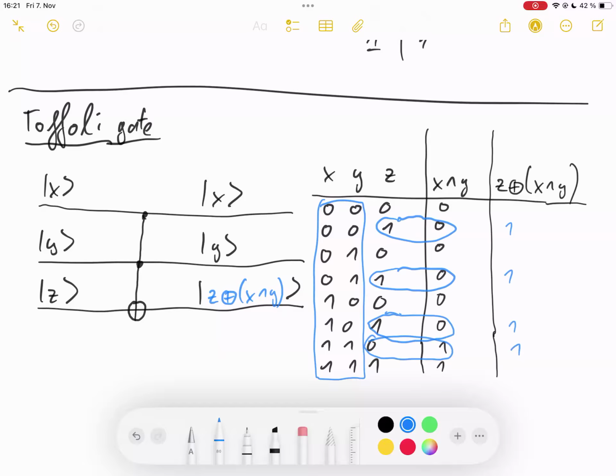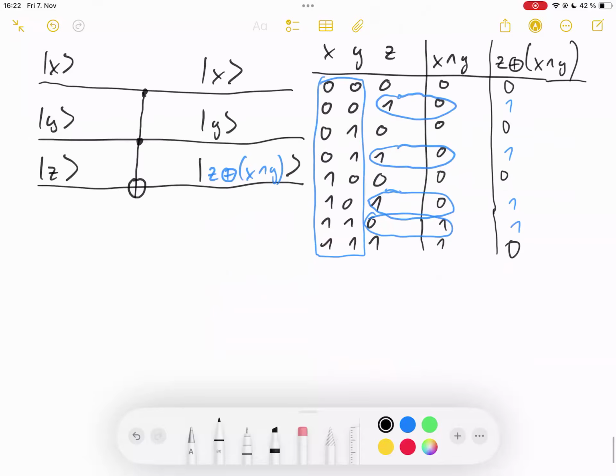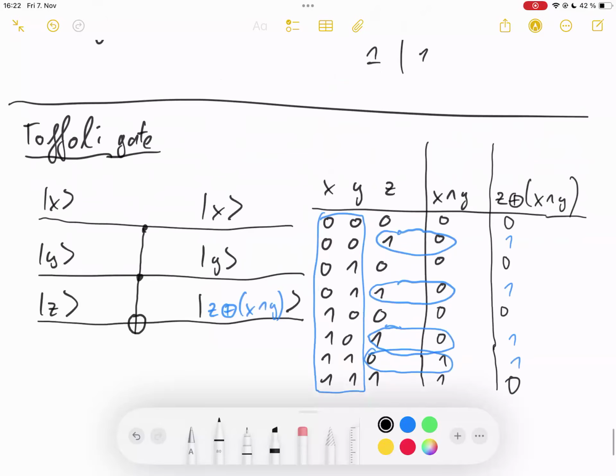And I hope I didn't miss any. And all the others are 0. Do you agree with this table up to here? Good. And this table will now be quite helpful to think about the matrix for this Toffoli gate.